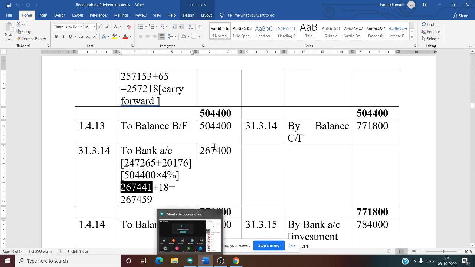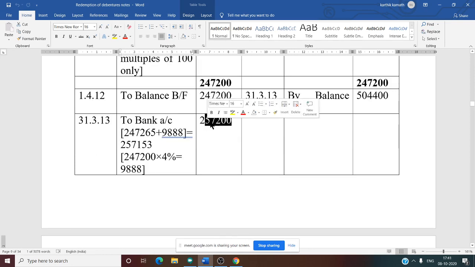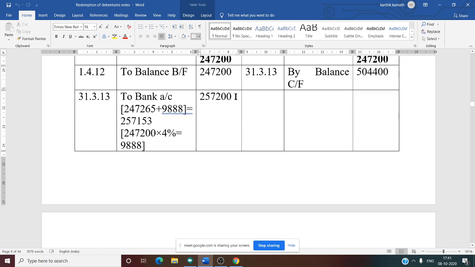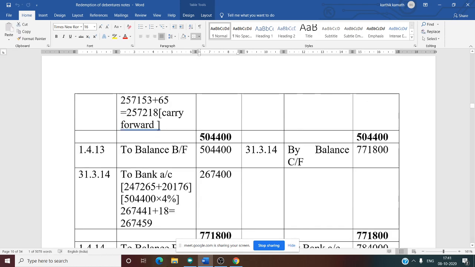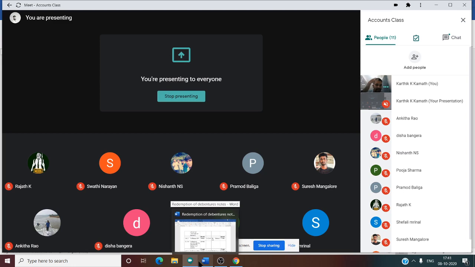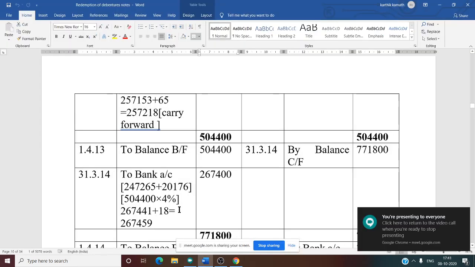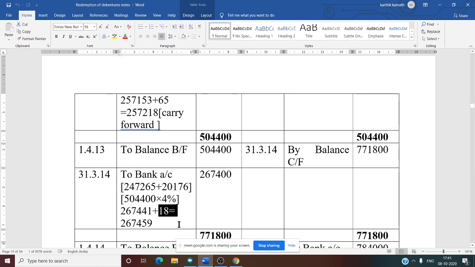But previous year we have written in multiples of 100 only. What amount have we written? 2,57,200. 18 we have not written in the previous year, isn't it? So that 18 we are going to carry forward for next year. See this 18. 18 is added to 2,67,441.